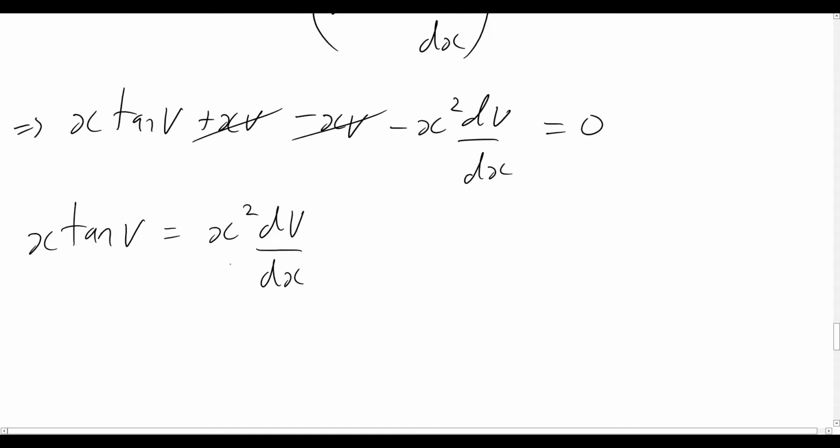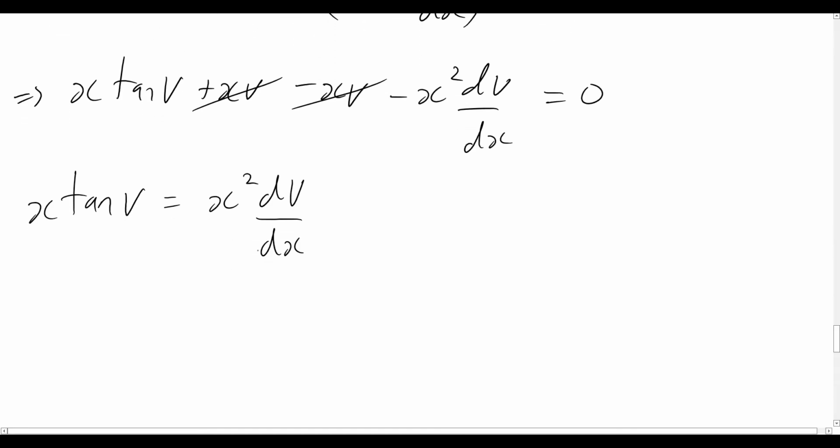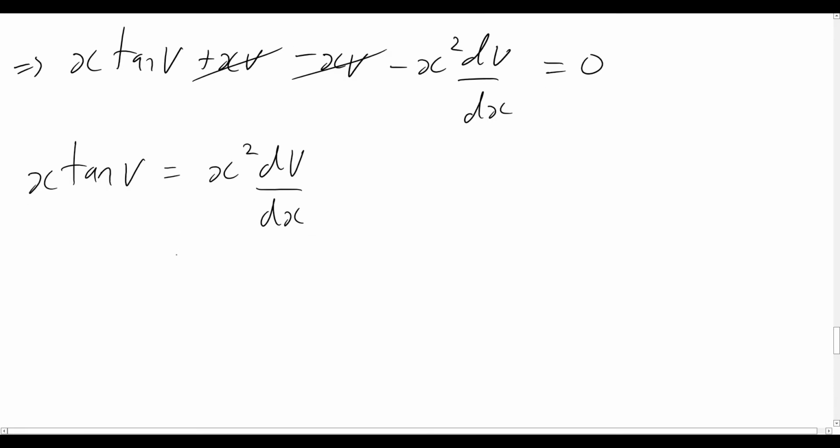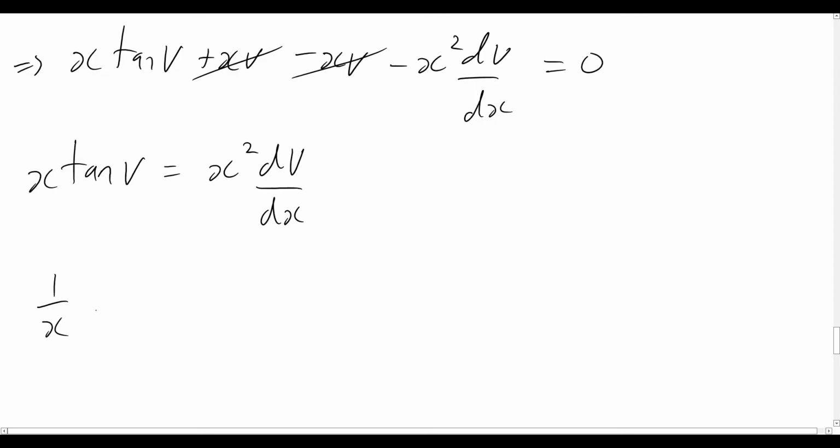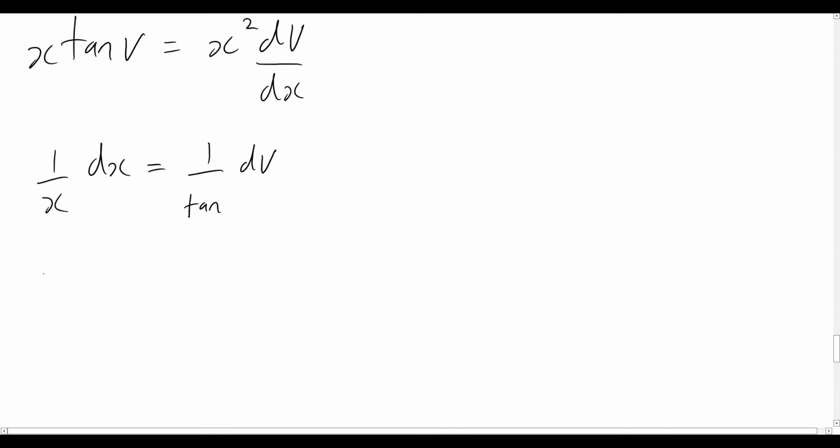Now is the point at which we can perform our separation of variables and then integrate as we normally would. So we have 1 over x dx equals 1 over tan v dv. Here we just need to integrate.